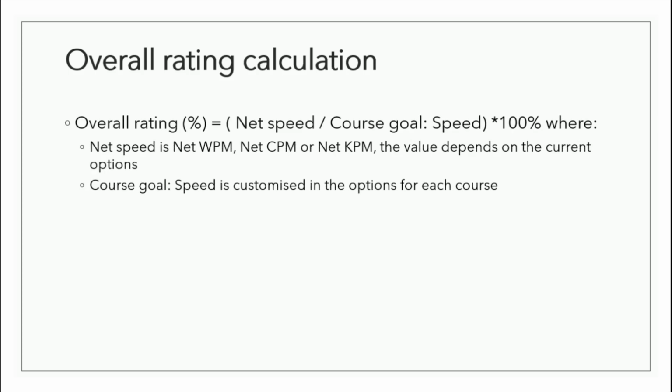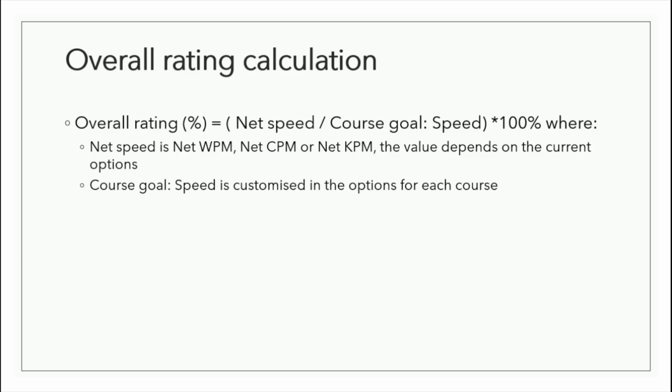Moving on to the next, my dear children, overall rating calculations. Now see, and try to figure out what I am trying to say. Overall rating in terms of percentage is equal to net speed, and net speed is what? When you have separated the errors, divided by course goal.